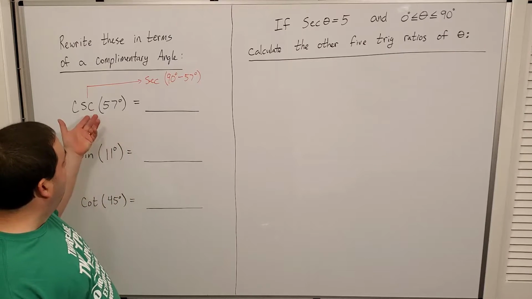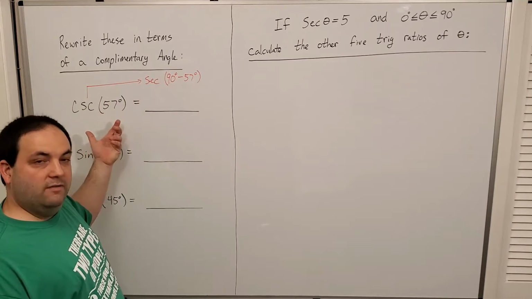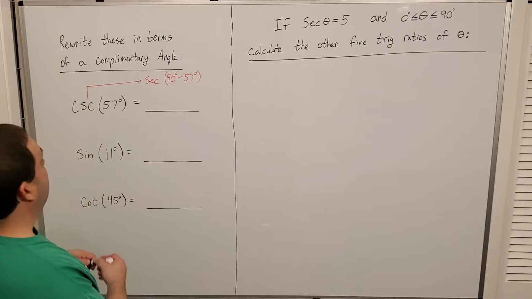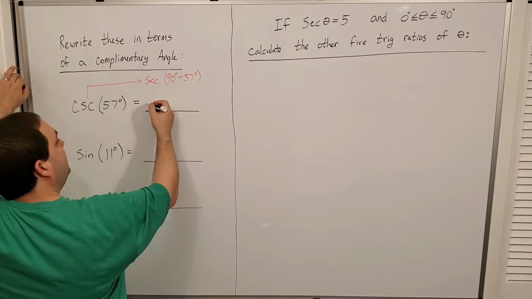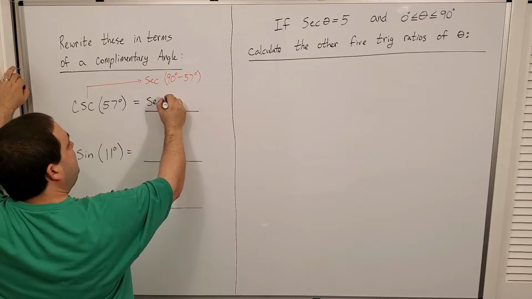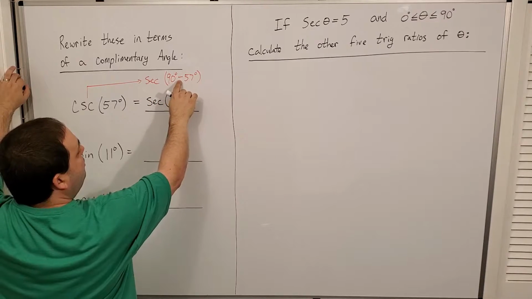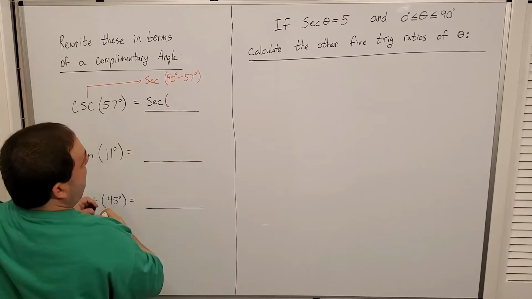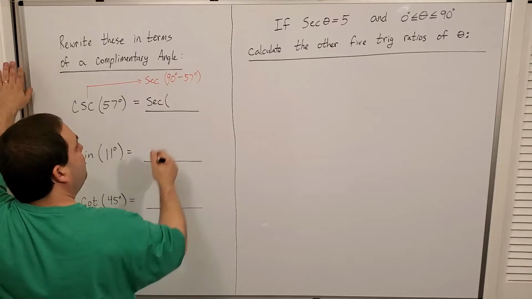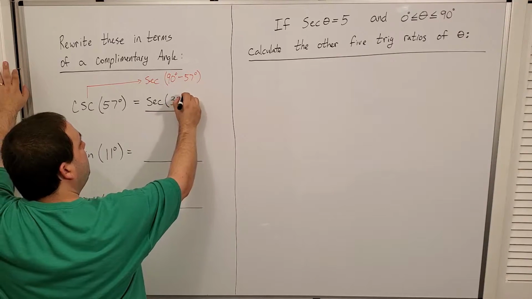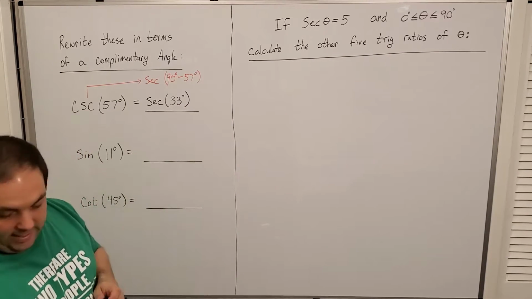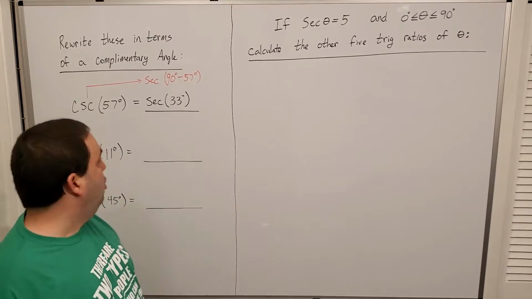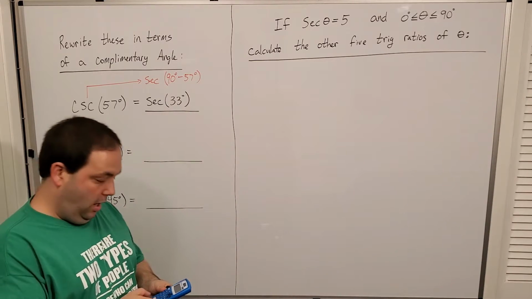So basically, you can call this the complement of that. What I end up with is that the cosecant of 57 is equal to the secant of 90 degrees minus 57 degrees, so 33 degrees. In your calculator, you can check this. Remember, cosecant is 1 over the sine.